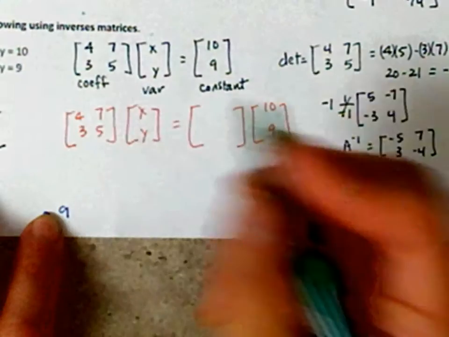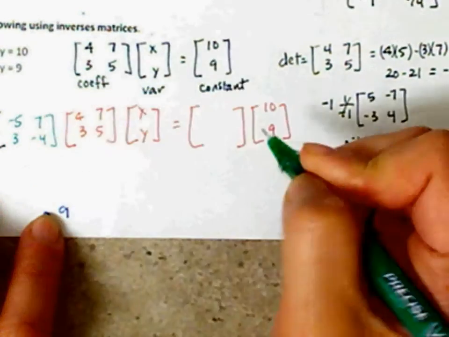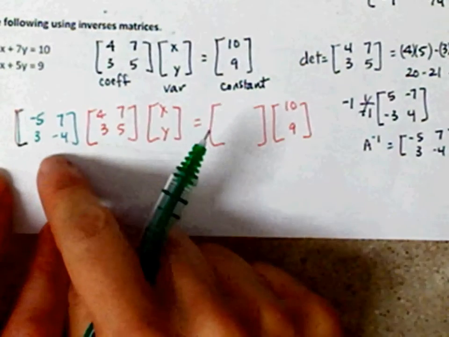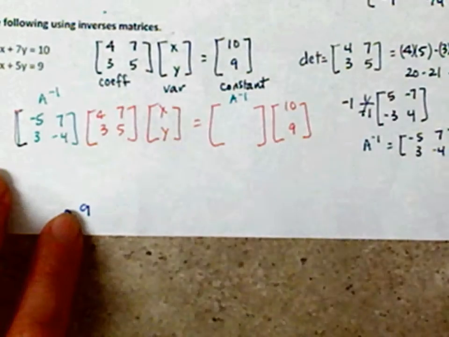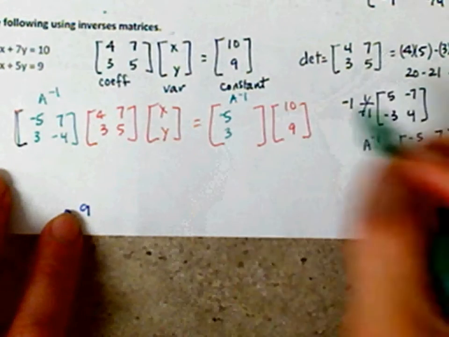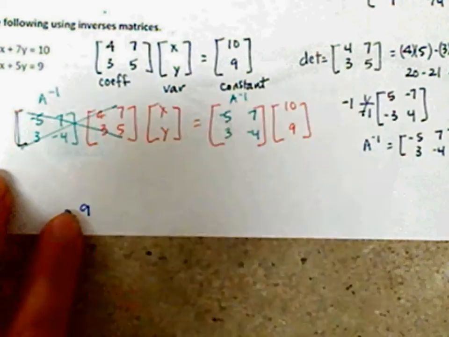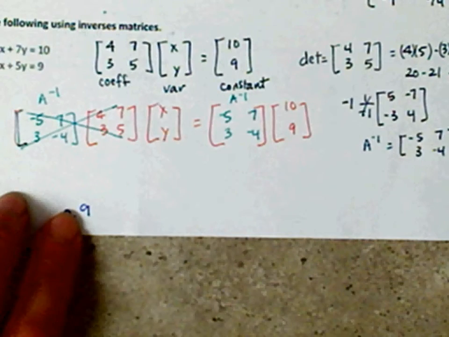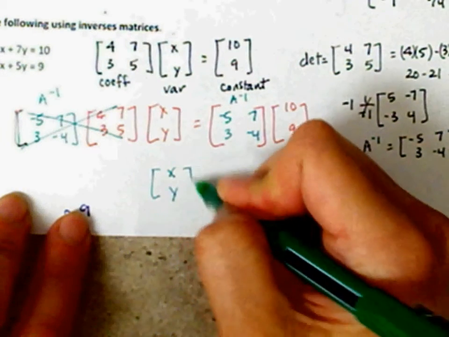And that's negative 5, 3, 7, negative 4. You're going to multiply times your inverse. What you do to one side, you do to the other side, okay? Guess what happens? Those guys cancel out. And guess what you have? Your x and your y, okay?